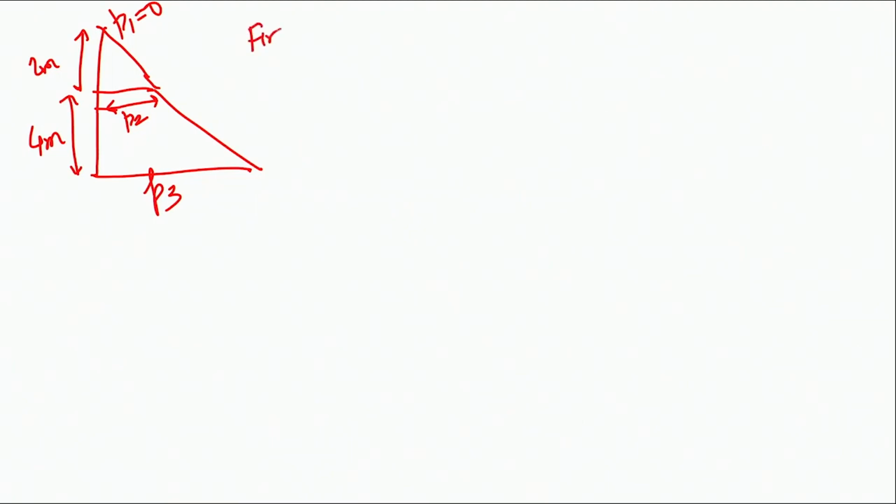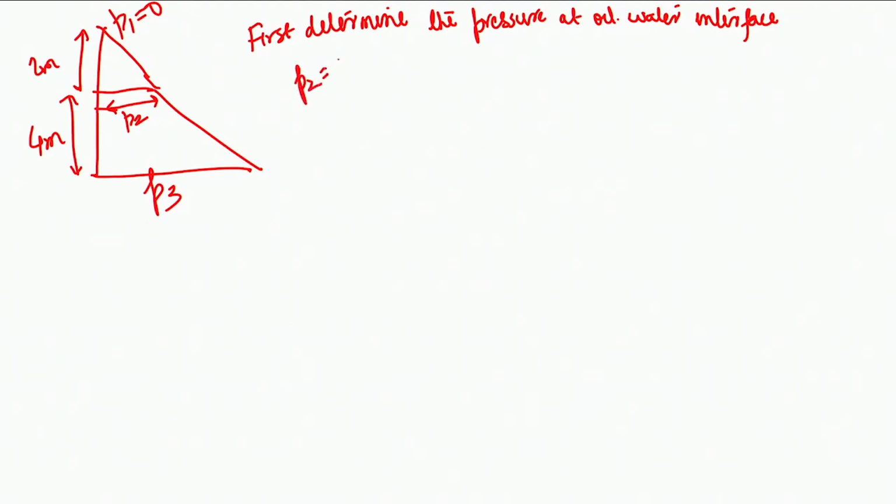First, steps are very important, so you must be noting them down. First, determine the pressure at the oil-water interface, that is P2. P2 is written as P1 plus pressure due to 2 meters of oil.